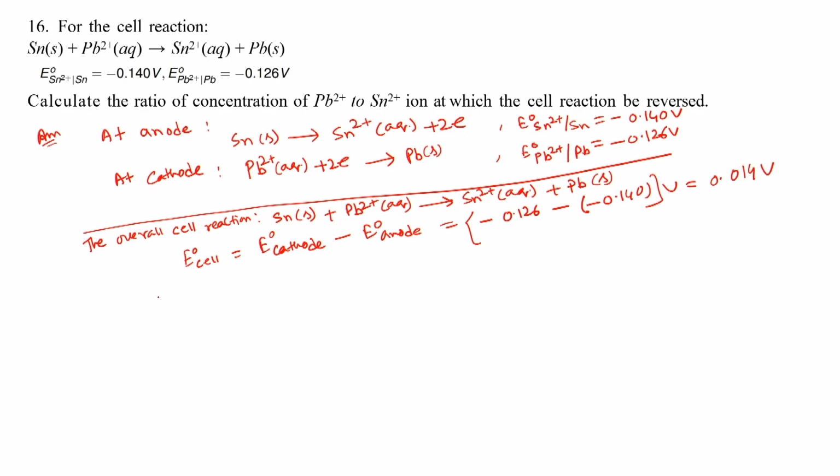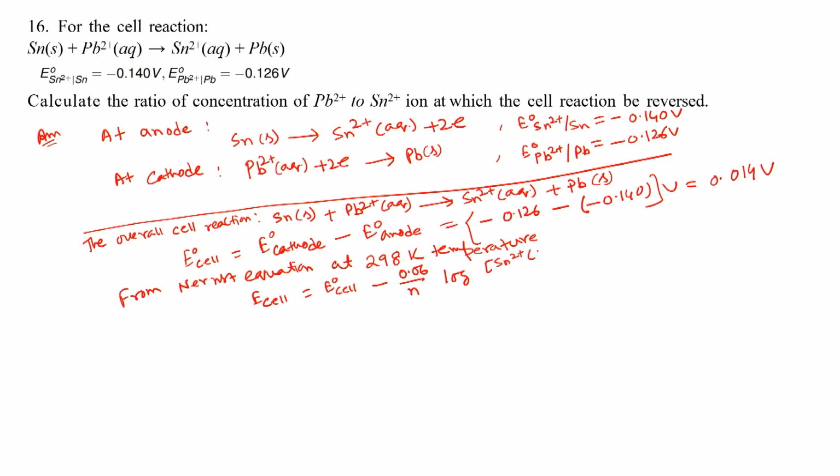Now E cell, from the Nernst equation at 298 K temperature, we write E cell is E naught cell minus 0.06 by n log of products over reactants. The overall cell reaction is this one, so products is Sn2 plus, concentration of Sn2 plus by concentration of Pb2 plus.